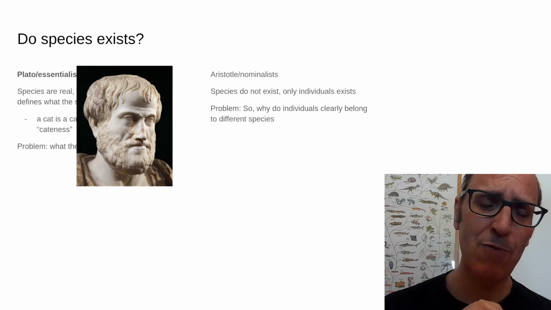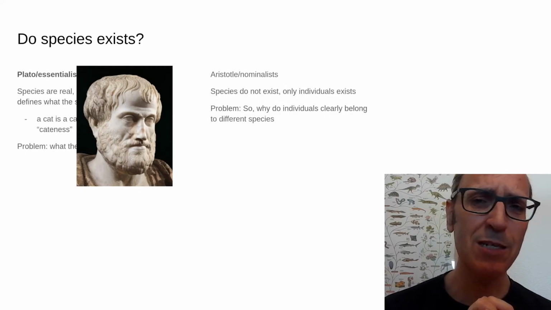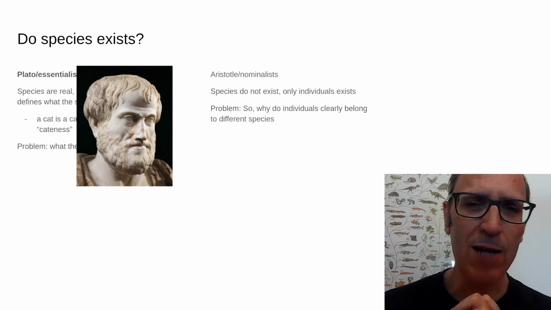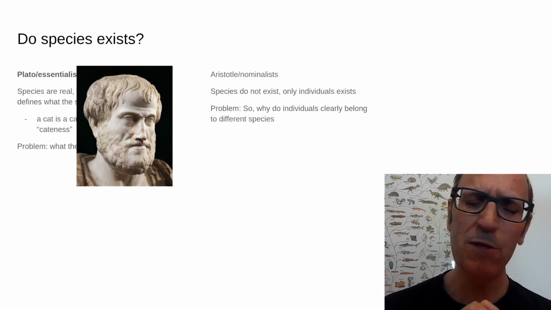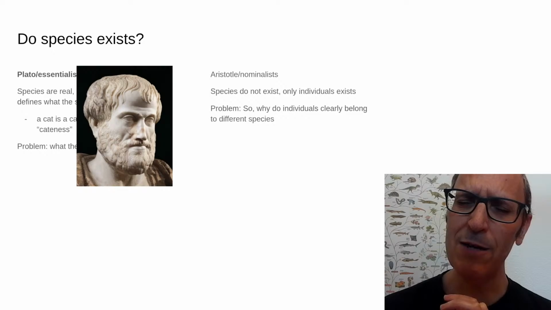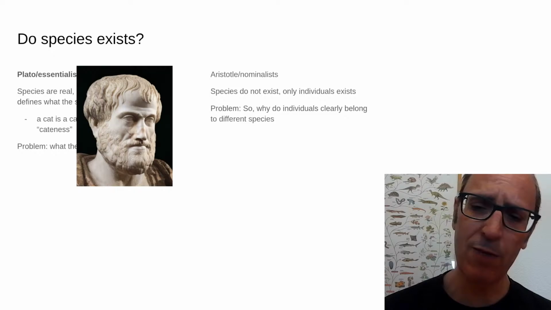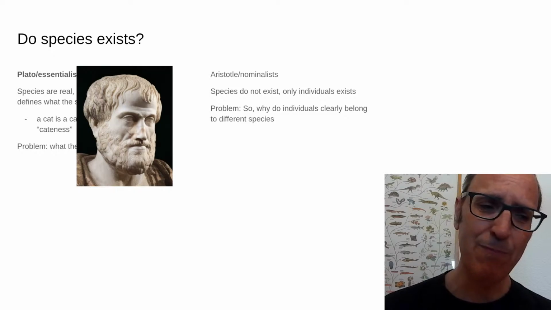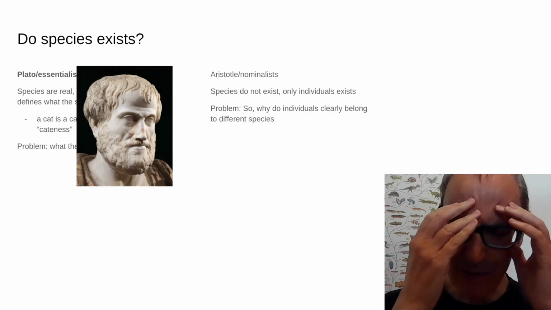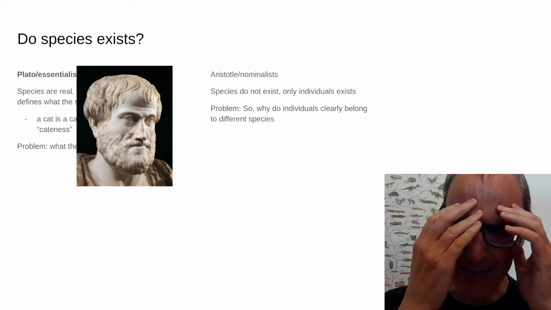Because if you say that only individuals exist, why do you have different species? If there are only individuals, then why are cats and dogs different? It's a problem. Intuitively, it's also clear that there are cats. I have a cat, and I see my cat, and I say, well, that's an individual.